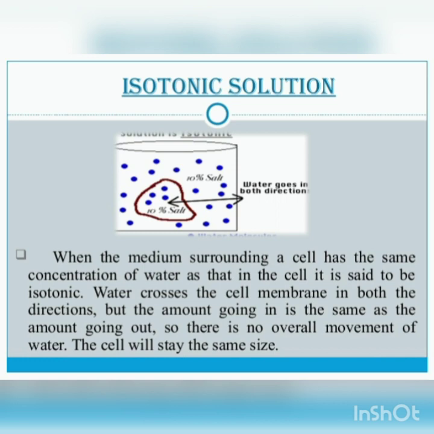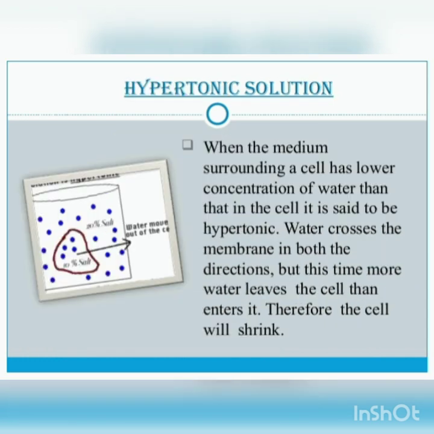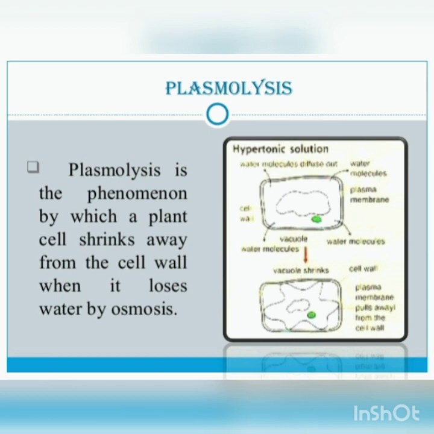Now the next is hypertonic solution. In this, the medium surrounding a cell has a lower concentration of water than the cell, that is, the outside solution is very concentrated. Next is plasmolysis. Plasmolysis is the phenomenon by which a plant cell shrinks away from the cell wall when it loses water by osmosis.